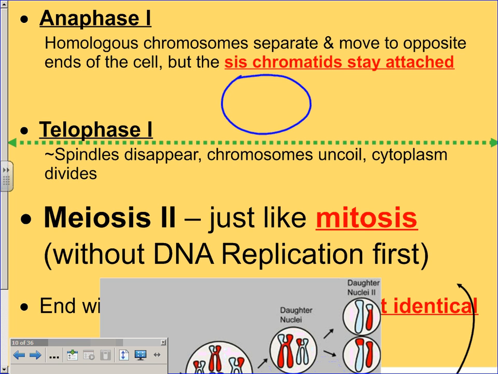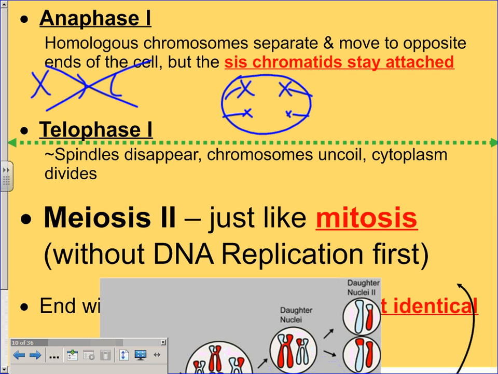In anaphase in mitosis, what happens to the chromosomes? They split. Originally in mitosis, this got split to this and this. That is not happening here. What happens is the spindle fiber pulls this X this way and this other X this way, and then this little X this way and this little X this way.